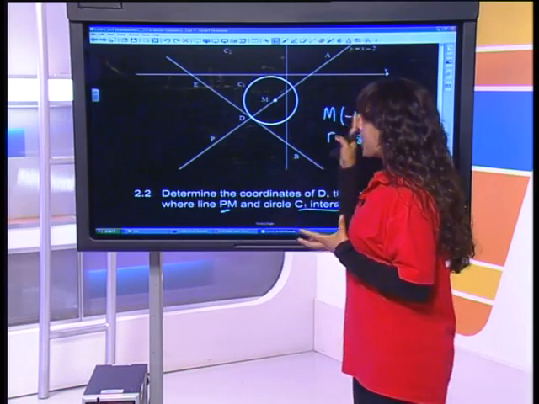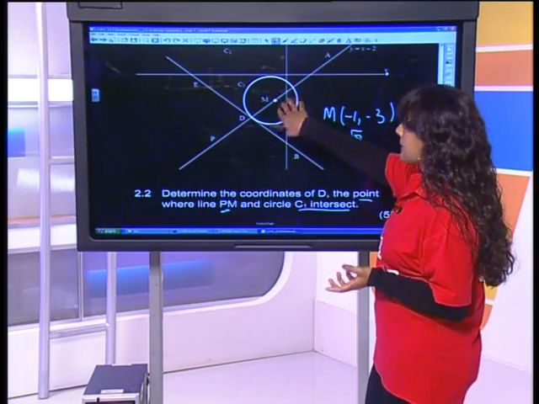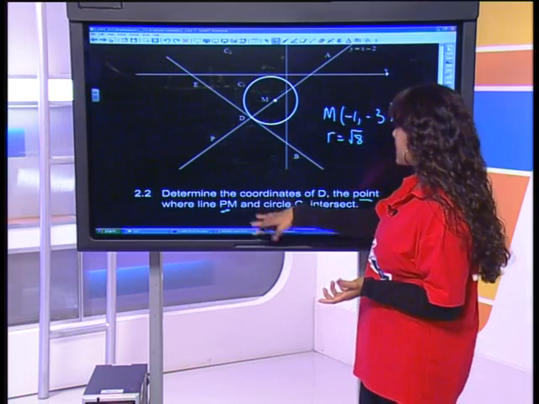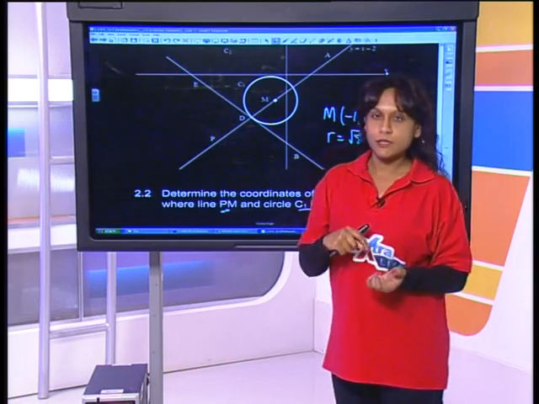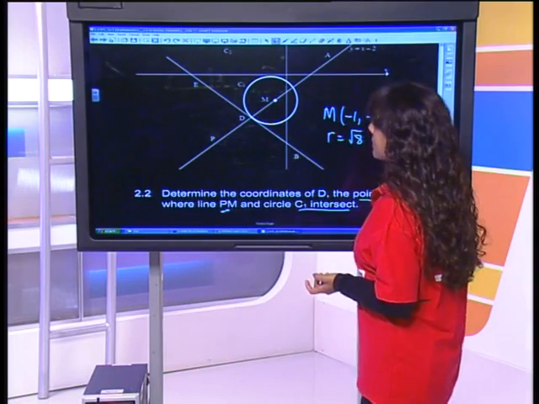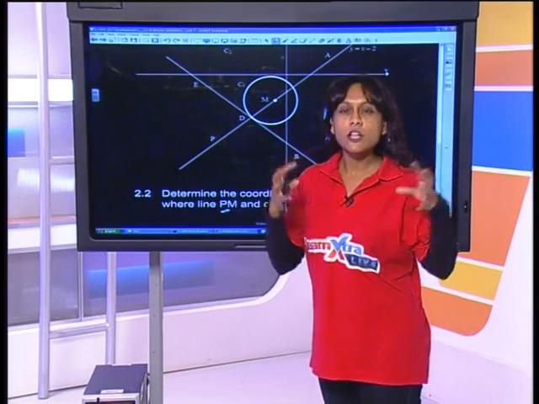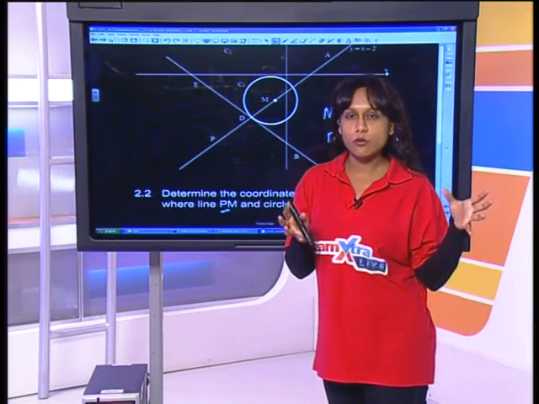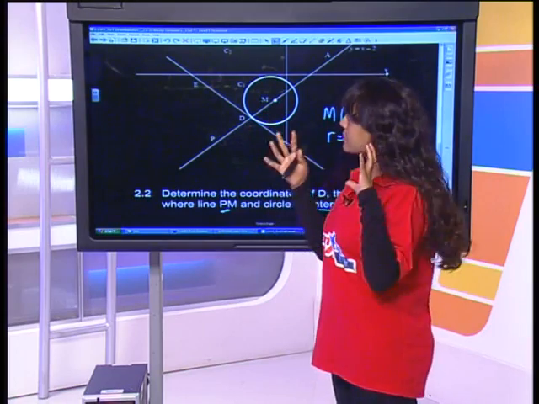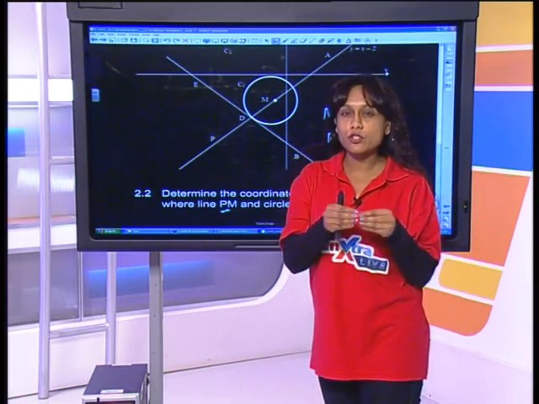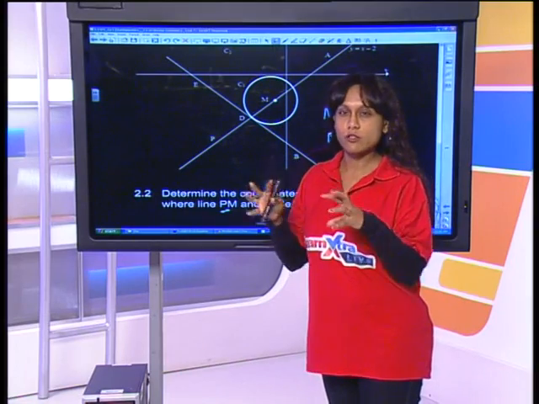So I've drawn this circle centered at M, it's circle C1, it intersects this line PM at point D. And remember they also told us in the question that DB was a tangent to the circle. So it wasn't something that I just made up, it was from the information given to you. You can actually draw the circle yourself.